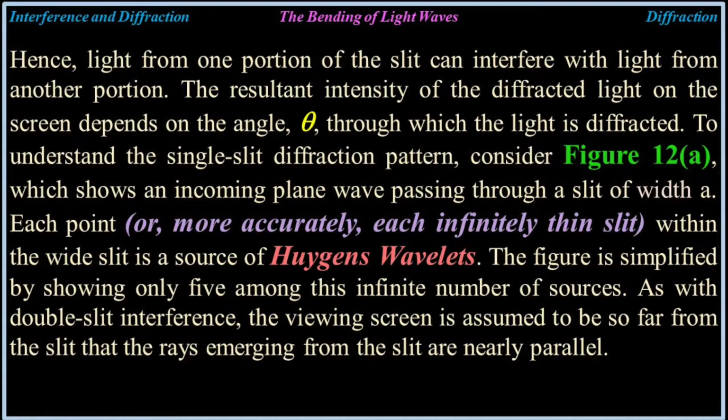Each point, or more accurately, each infinitely thin slit within the wide slit, is a source of Huygens wavelets. The figure is simplified by showing only 5 among this infinite number of sources. As with double slit interference, the viewing screen is assumed to be so far from the slit that the rays emerging from the slit are nearly parallel.